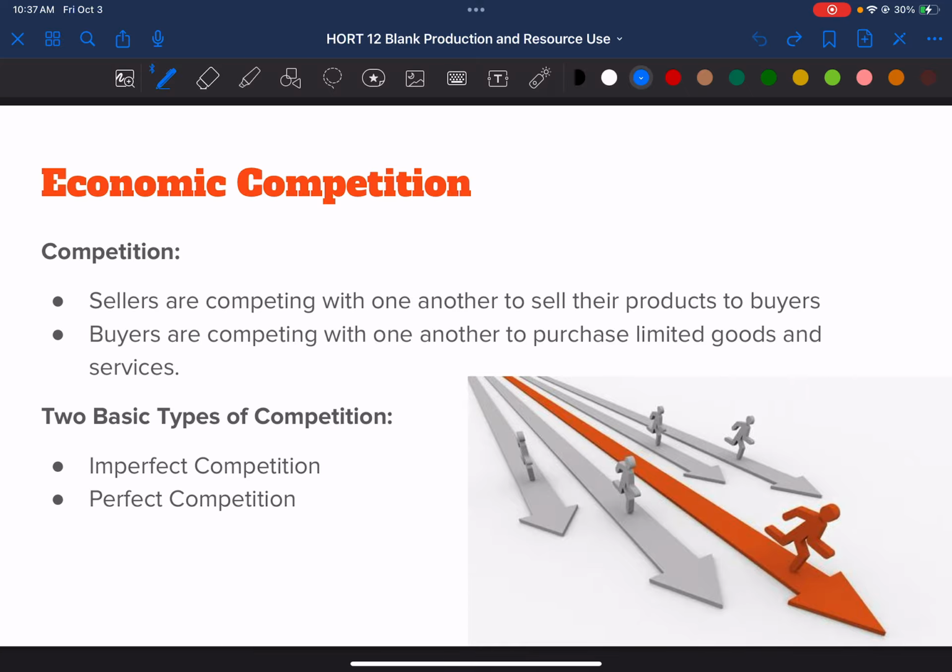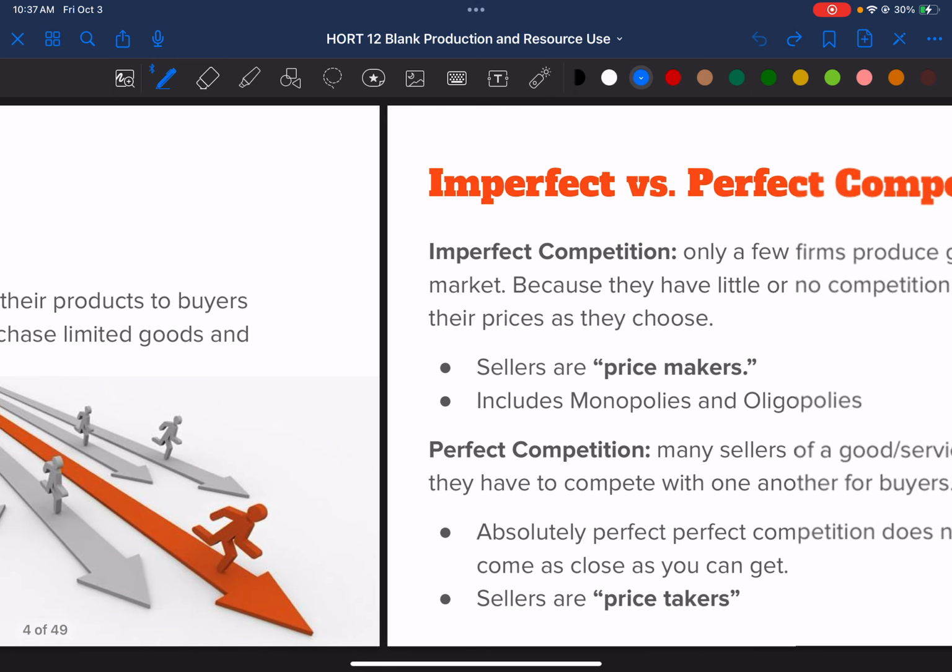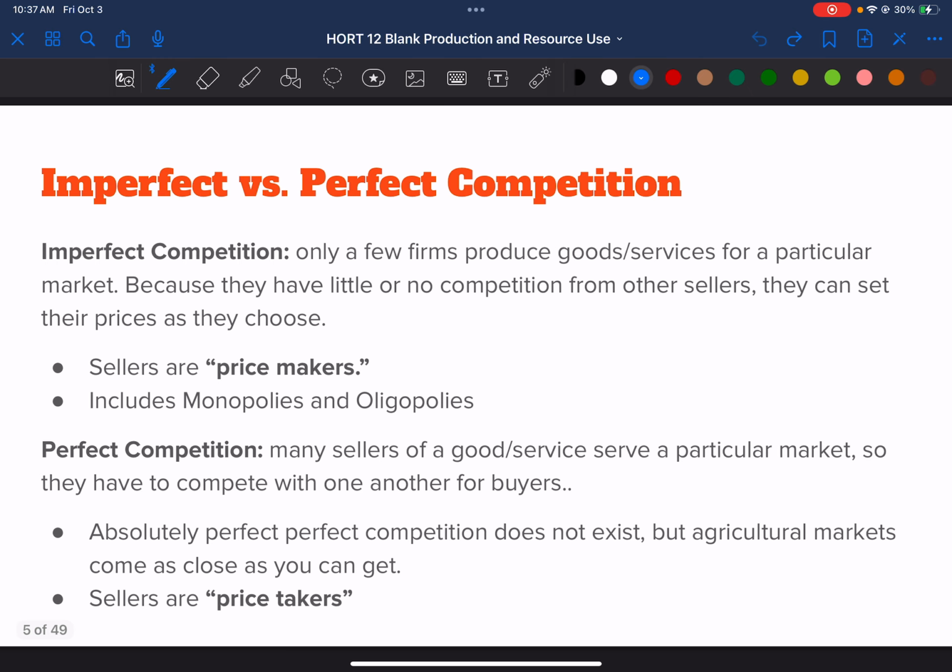And there are 2 basic types of competition. There's imperfect competition and perfect competition. So what's the difference? Well, imperfect competition means that there are only a few firms that produce a particular good or service. So because they have little or no competition from other sellers, they can decide what the price of their product should be.